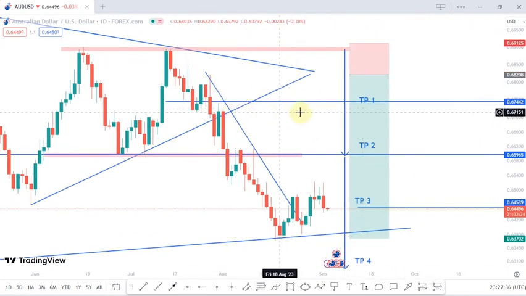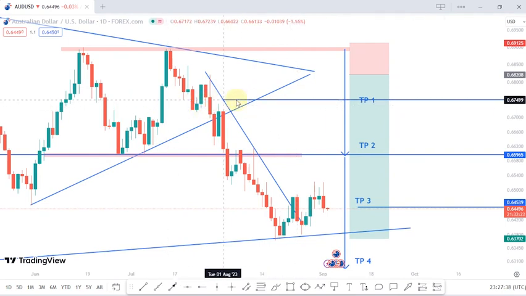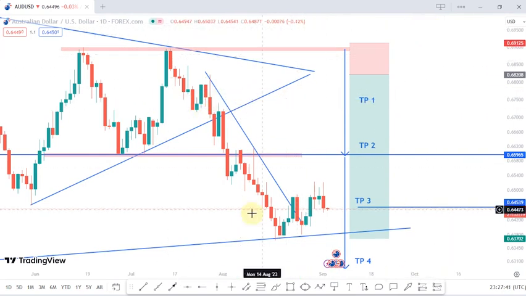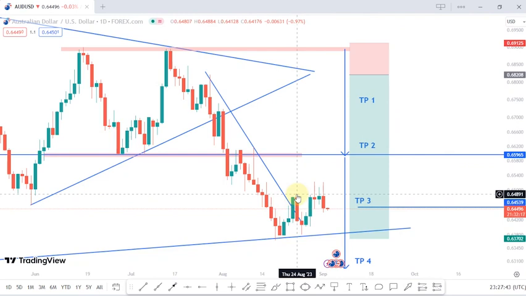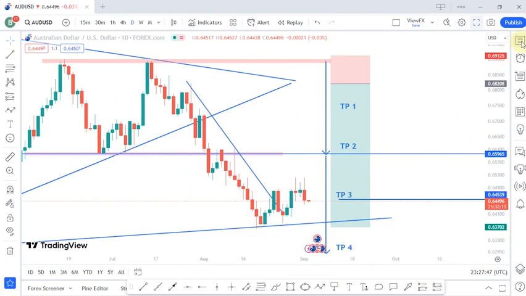So that is what we're going to expect this week. Want to see what price is going to do. And we move over to the next one.